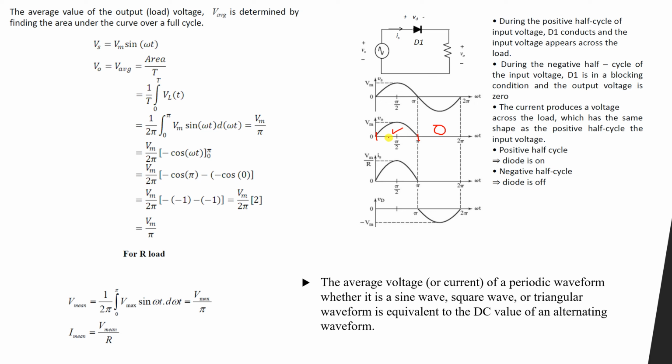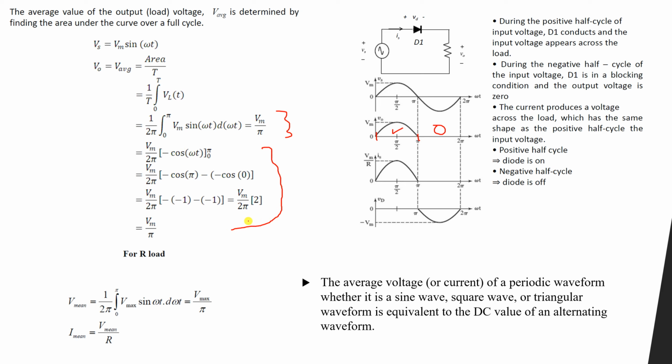For this part, integration from 0 to pi for the waveform, which is the input sine wave, Vmax sine omega t with respect to d omega t. Now if you integrate this waveform, you will get Vmax over pi. This is the integration with the simple steps.